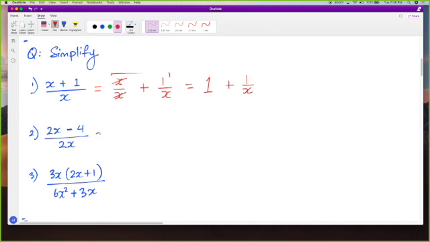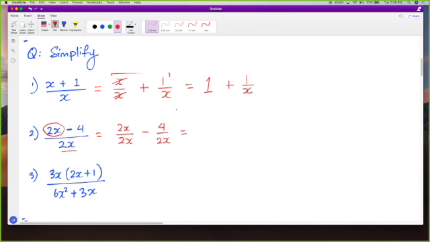Number 2, somebody different from Sarah. Anybody? 1 minus 2, 1 minus 2 over x. So let's see. We can see that we have this 2x over this denominator. So that is 2x over 2x. Then we have the minus sign, and then we have 4 over 2x.